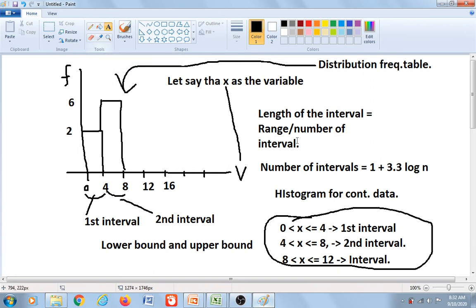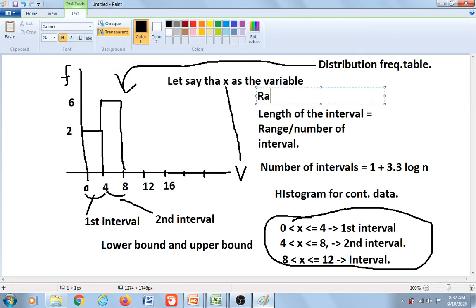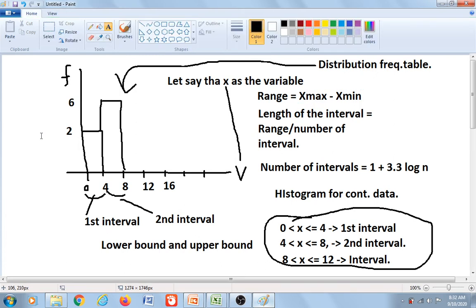So range is x maximum minus x minimum. So the maximum value of the observation minus the minimum value of the observation. That's the range. And here, for the example here, the length of the interval is 4.